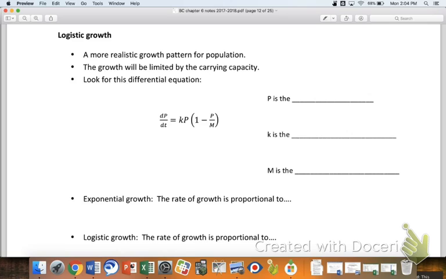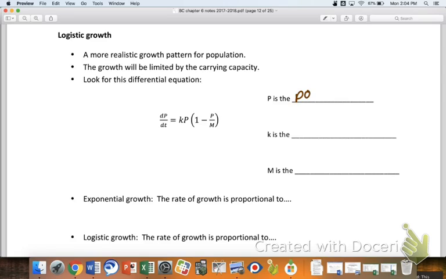This is far more realistic for how a population, amongst other things, will grow. There will be a limiting factor called the carrying capacity. And down below is the differential equation. I wanted to fill in these blanks, and we'll talk about the picture at the bottom.